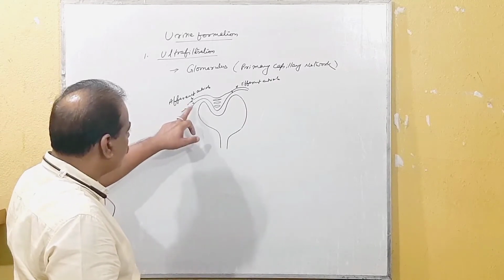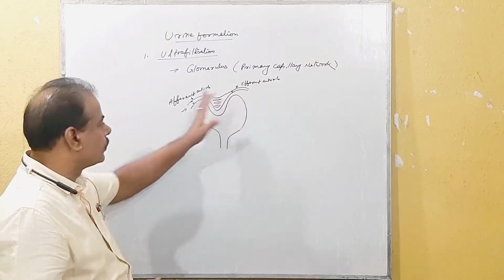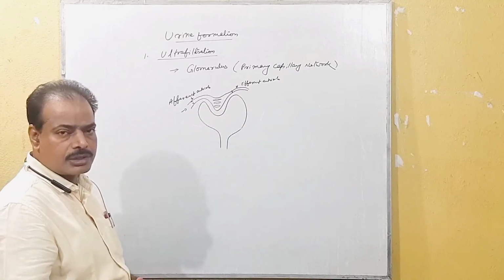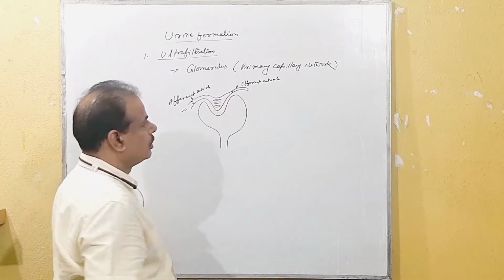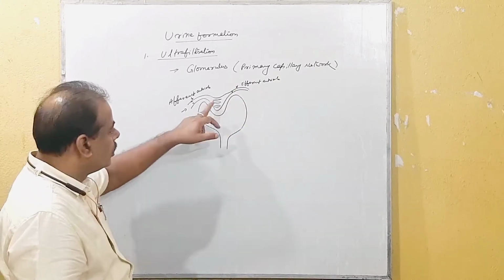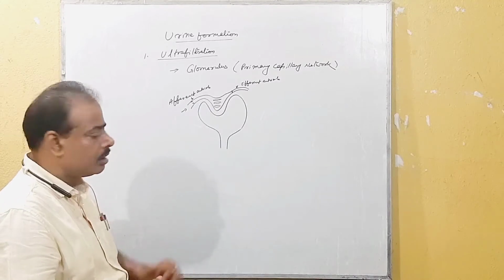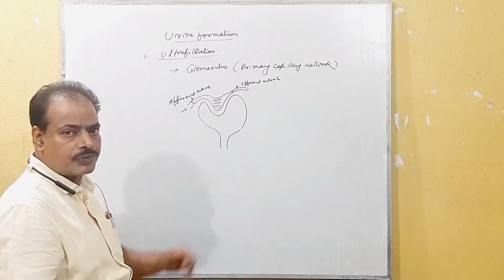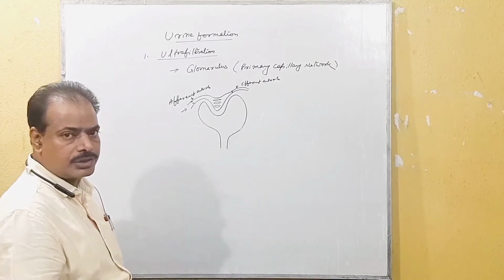So when the afferent arteriole has a wide lumen, blood comes inside the glomerulus in more amount, but it goes out through the efferent arteriole in less amount. So in the glomerulus high pressure is created, and under this high pressure, filtration of blood takes place, and it is known as ultrafiltration.